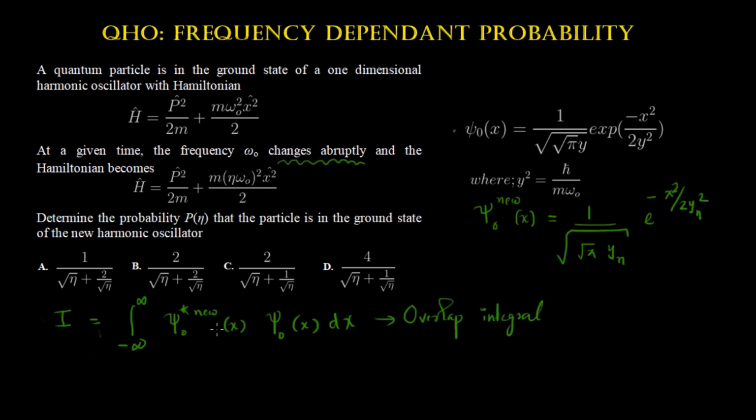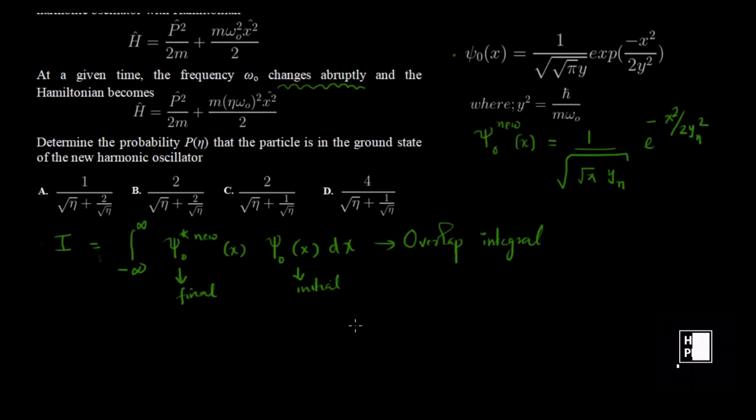What this means is that there is a contribution of the initial state. This is the initial state and this is the final state. We need to estimate how much contribution there is in the final state from the initial state. So we find this integral, and the probability will be the modulus squared of the overlap integral. So this is the idea to solve this problem.